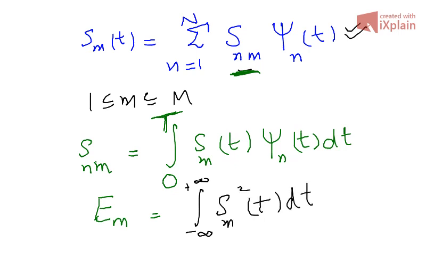Or you can write the same energy as a summation: once you find these scalars, you can find the energy using the sum of the squares of all these values for all n.